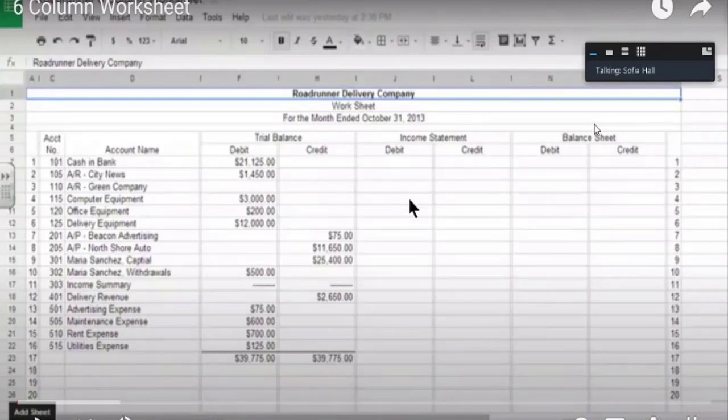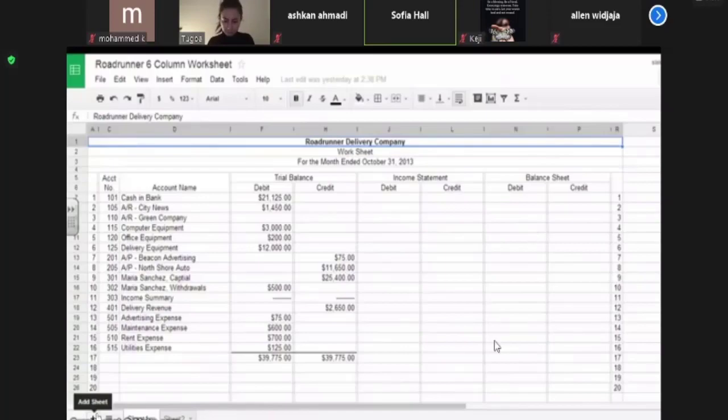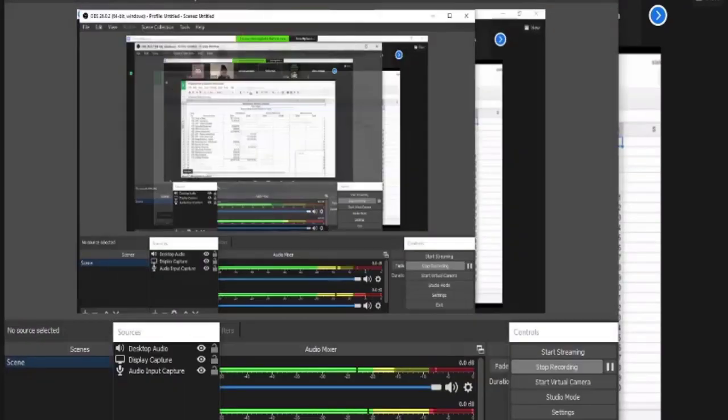Auditors also use the 6-column worksheet. At the end of the year, they prepare it to do everything in one sheet. Today we're going to start looking at the 6-column worksheet and understand why we use it and what items are included in it.